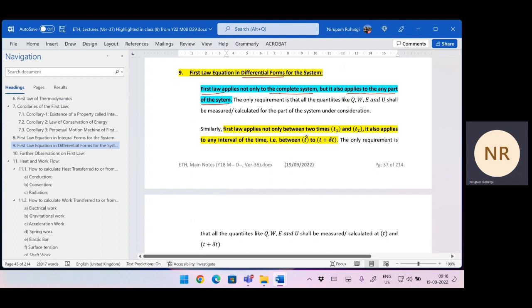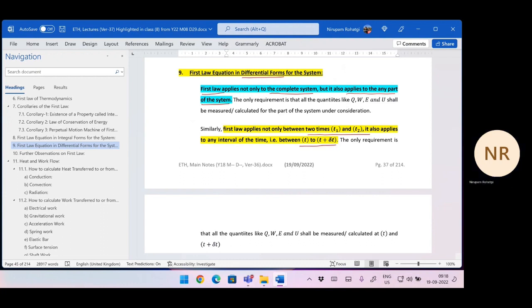So if you are taking a part of the system, similarly, when we talk about times, we apply between T1 and T2, right? But this law applies between any interval of time. So if you are applying in a finite interval, it doesn't happen like that कि बीच में total energy बढ़ गई और बाद में end में आके कम हो गई.